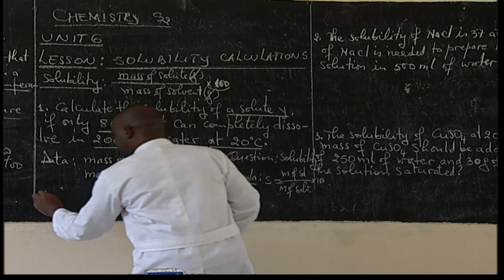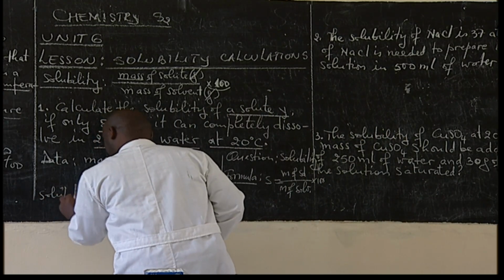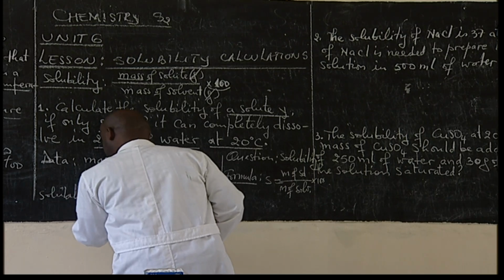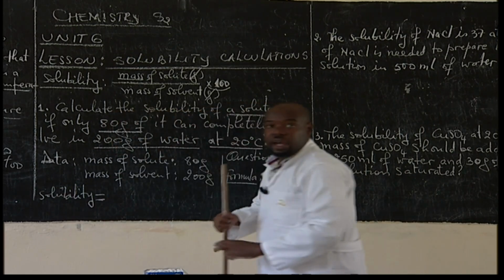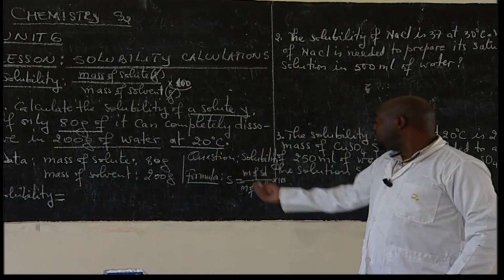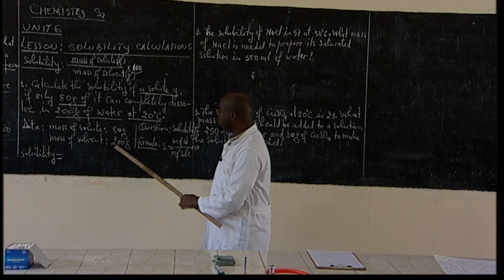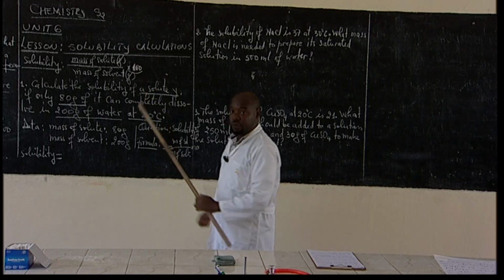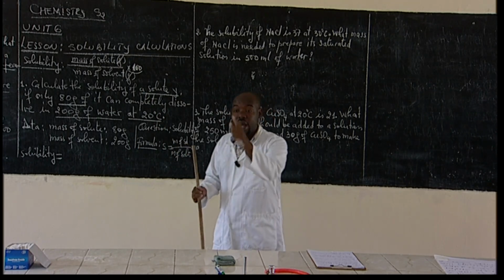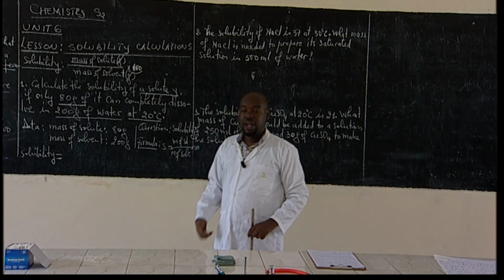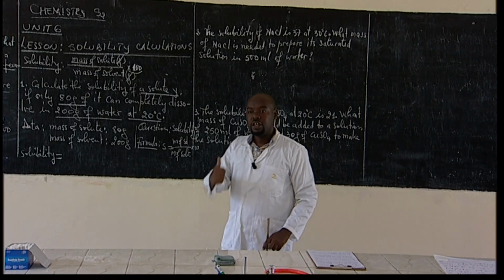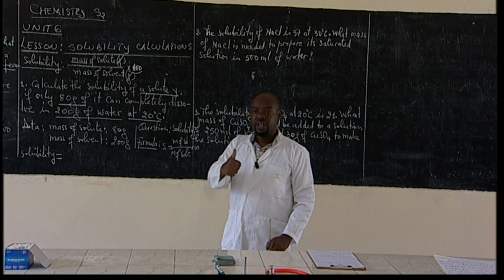And then we get solubility, which is equal to... try and make a substitution. We have the formula, we have the mass of solute, mass of solvent, and also the formula, as I said. So try and make the substitution and use your calculators to find the final answer. 10 seconds, please.